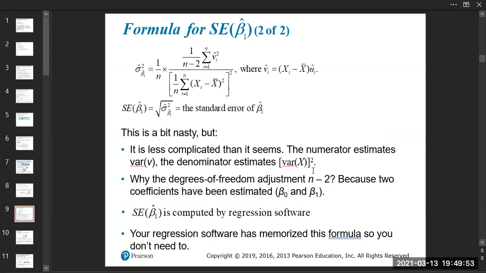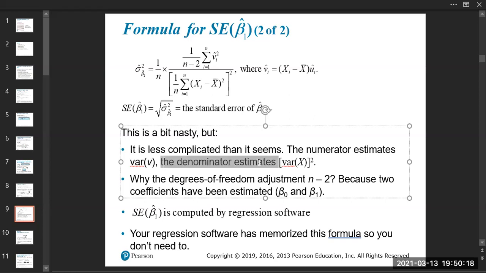Page 9 is an explanation, kind of like it says this is a bit nasty. I didn't know they can use this kind of language here. This is a bit nasty, but it is less complicated than it seems. The numerator estimates the variance of v.